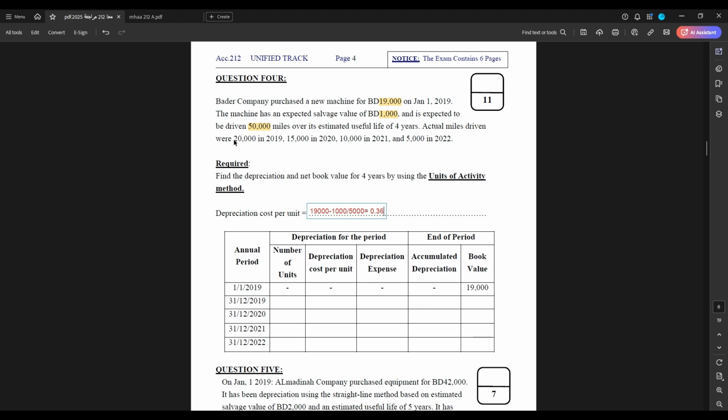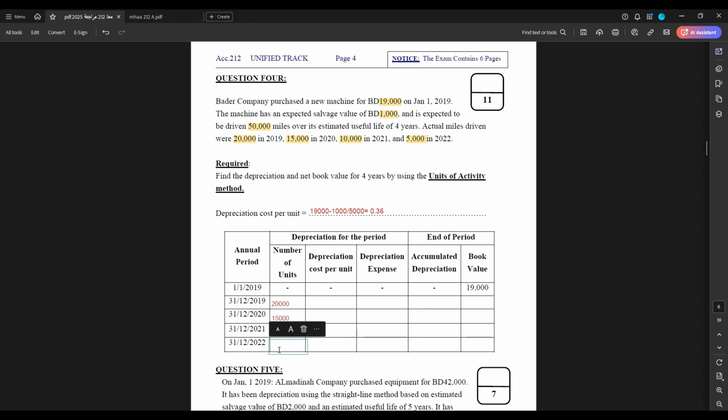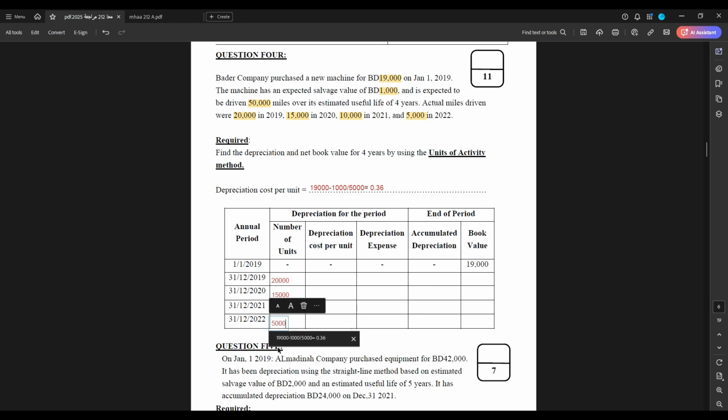First year 2019, we have 20,000 units, second year 15,000 miles, third year 10,000 miles, and last year 5,000 miles.